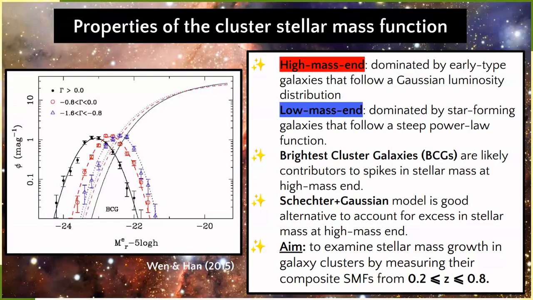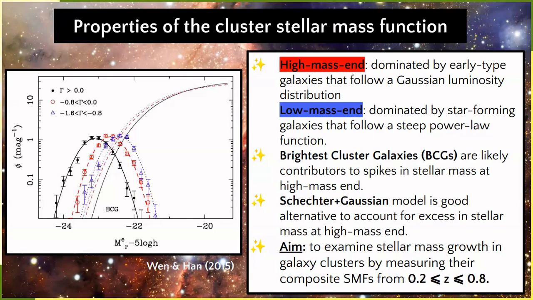The presence of brightest cluster galaxies, or BCGs, which are typically giant elliptical galaxies located near cluster centers, are often the likely contributors to spikes in stellar mass that we observe at the high mass end of cluster SMFs. So as such, it's common practice to exclude these sources by implementing a radial cut around the cluster core.